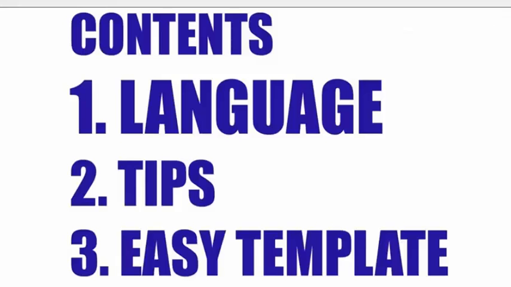So grab a pen and paper. You're going to need it because I'm going to give you lots of terms, lots of tips, and I think it would be really beneficial for you if you did actually write these down as you hear them, because it'll help you to remember them.